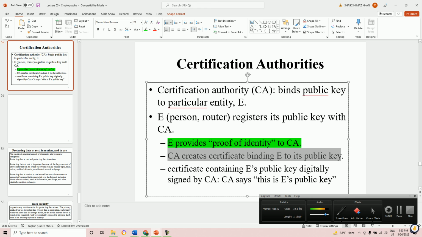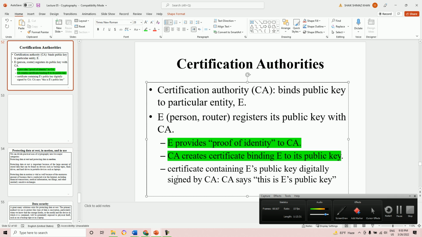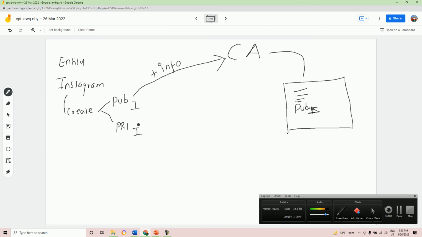The CA will create a certificate and put the entity's public key inside. Certificate containing each public key is digitally signed by the certificate authority. So what happens, students, is that the CA will create the digital signature.